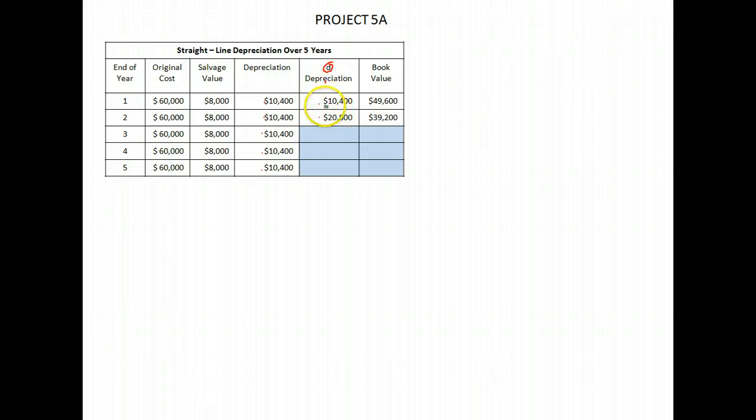All right, so to find the accumulated depreciation, you just take your total here and add the next value. So to go to the next line, we take our 20,800 and add, it's going to depreciate by another 10,400. Okay, and go ahead and add those together. Okay, and so now it's depreciated by 31,200.